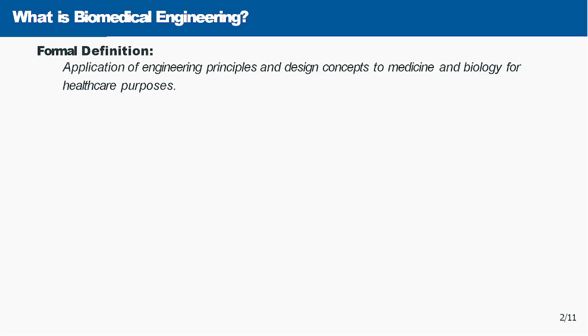We can have mechanics. We can also apply knowledge from optics, electrical signals, electrical engineering, computer science. Every branch can contribute in this field. So it is basically the application of all these principles in the field of healthcare.